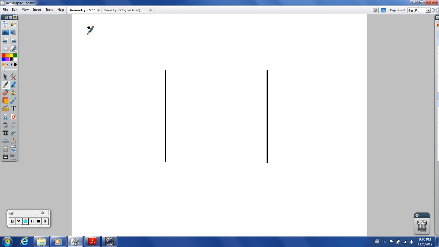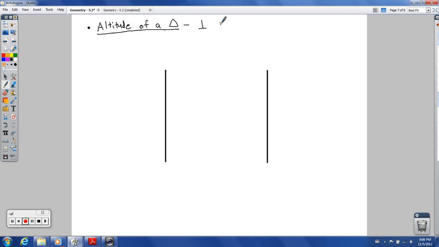Alright, but let's move on to now our last one, the altitude of a triangle. What it is, it's kind of like the height of a triangle in a sense.